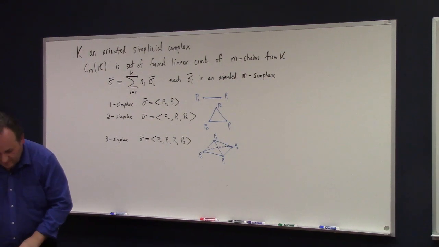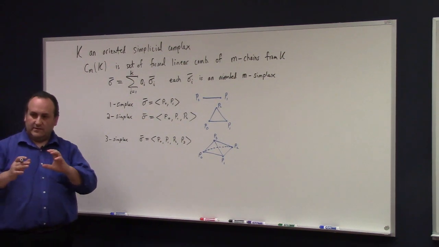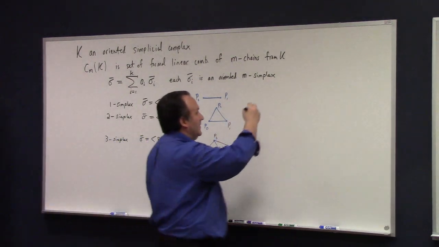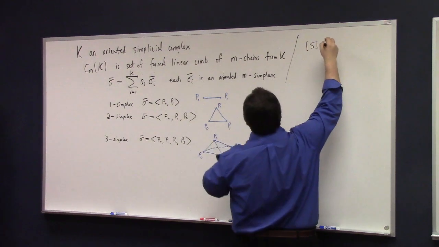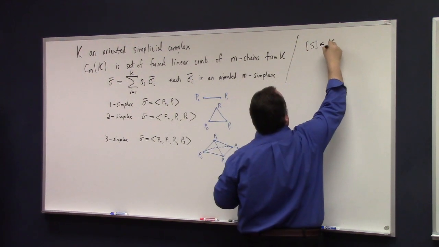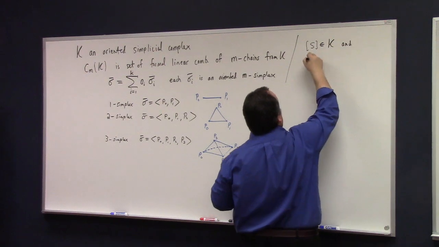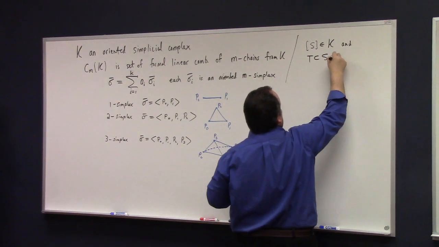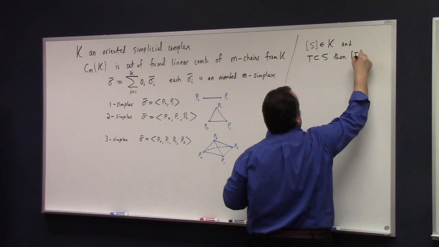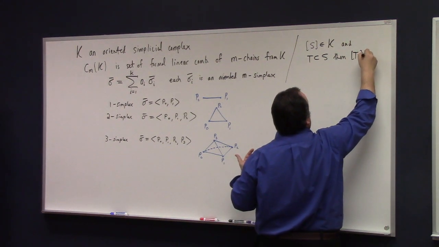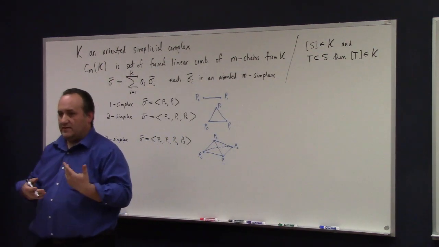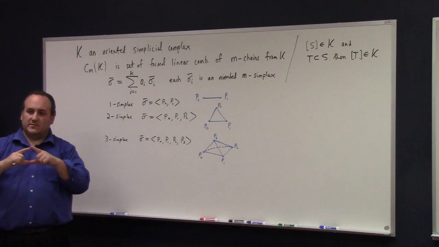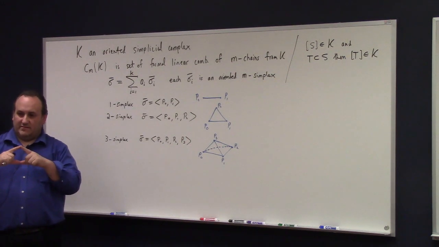The first: if a set of points S is an element of the complex, and T is a subset of S, then the simplex generated by T, the convex hull of T, is also an element of the simplicial complex. That's a fancy way of saying that if the triangle, for example, is in the complex, then all of its edges and all of its vertices must also be in it.